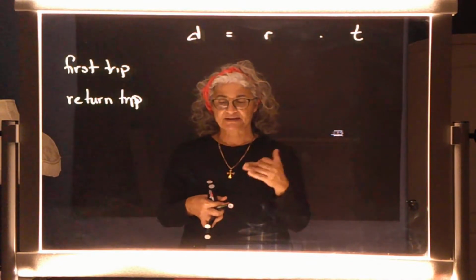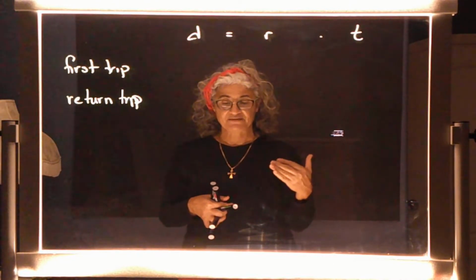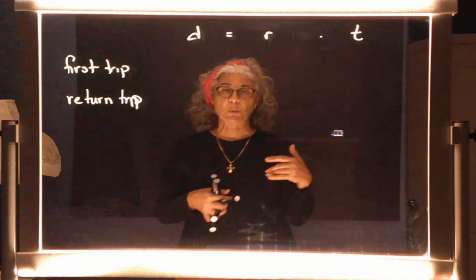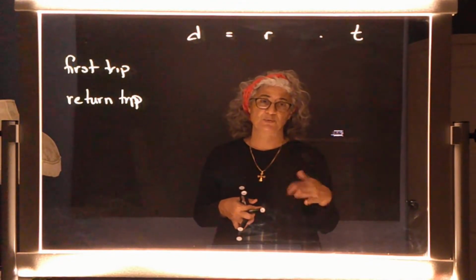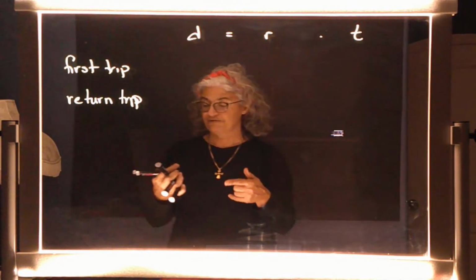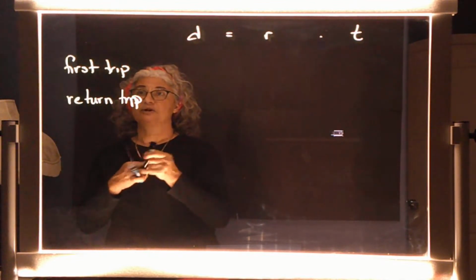It says an airplane takes 3 hours to travel a distance of 1,560 miles with the wind. Okay, so there's that with the wind thing again, right? So the first trip is with wind.